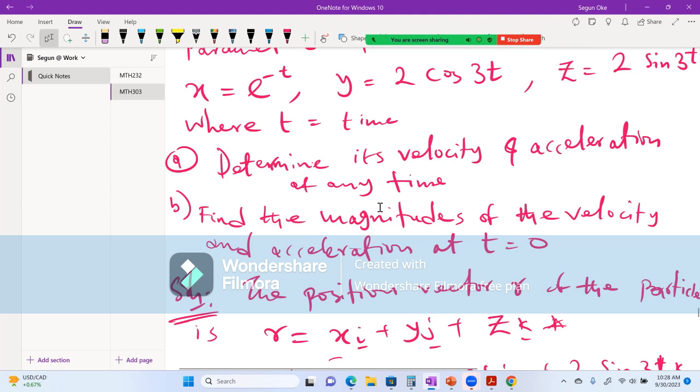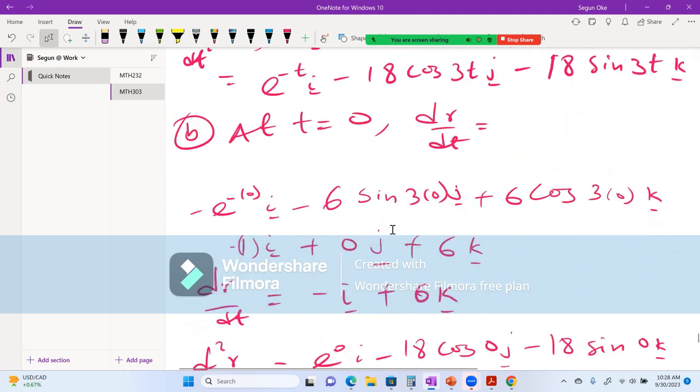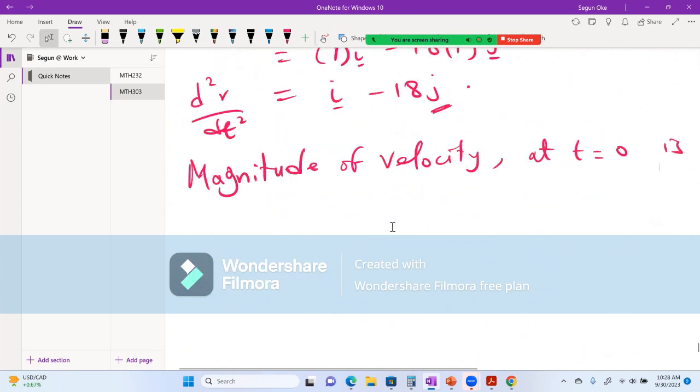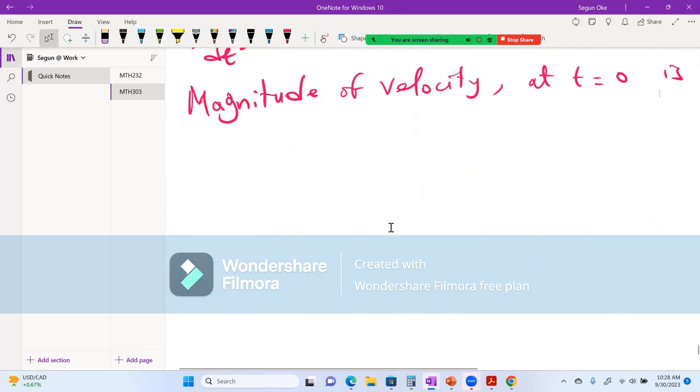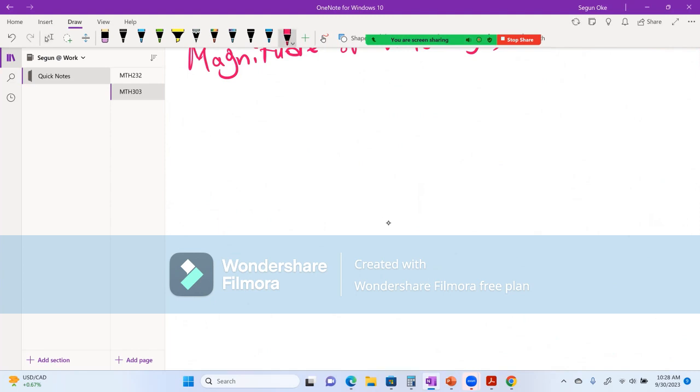It simply means for the velocity and acceleration, you have to put t equals 0. That's what we just finished. Now we need to find the magnitude of the velocity. As we all know the magnitude formula, we did it the other time. You understand the question now? Yes, sir.